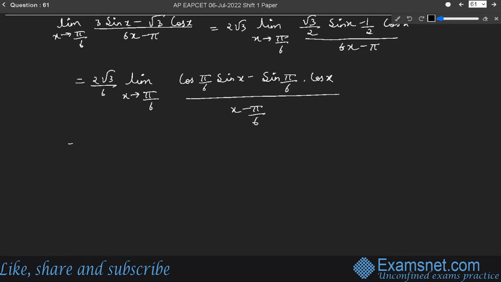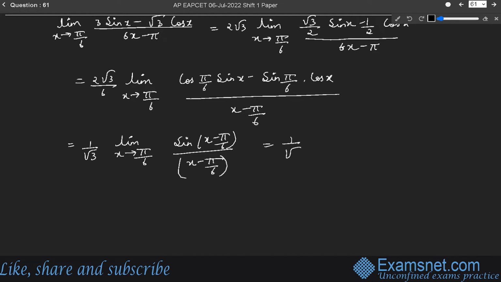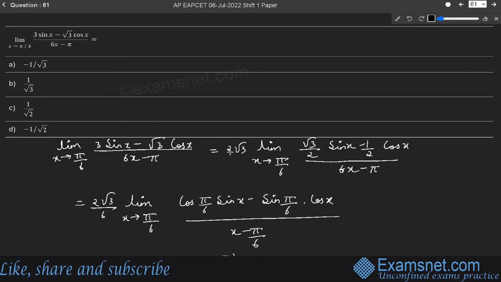So this will be 1 by root 3 limit x tends to pi by 6, and sin a cos b minus cos a sin b is sin (a minus b). So it will be sin (x minus pi by 6) divided by (x minus pi by 6). So this will be equal to 1 upon root 3. So the correct answer for this question is 1 upon root 3, which is option B.